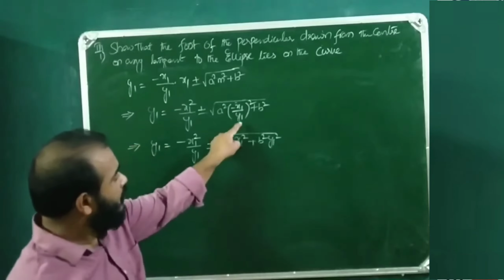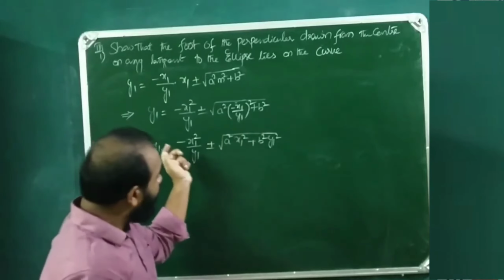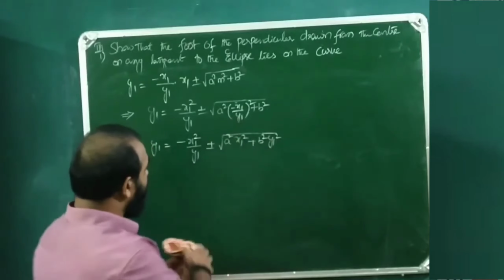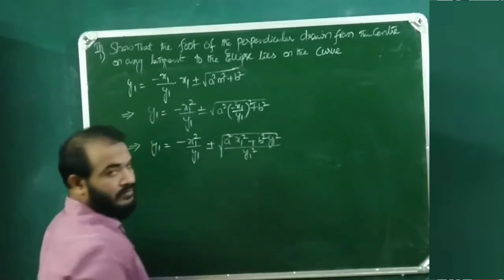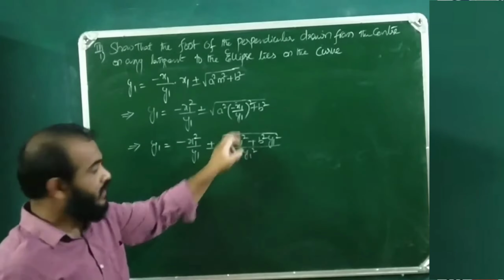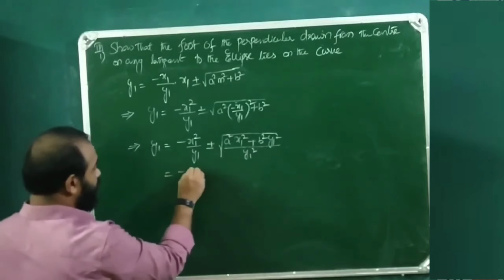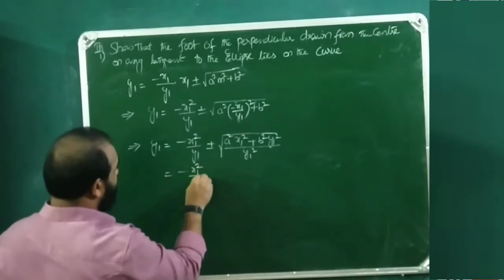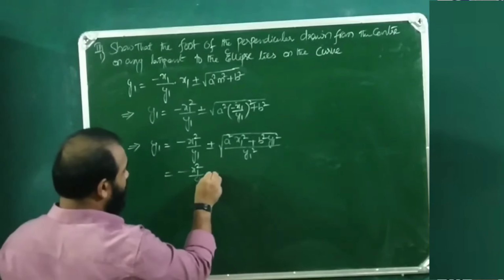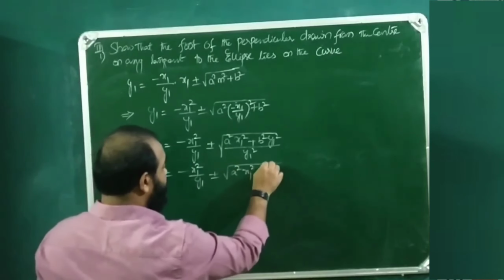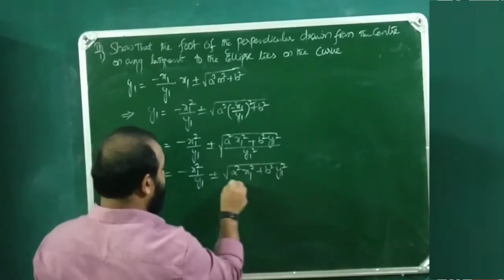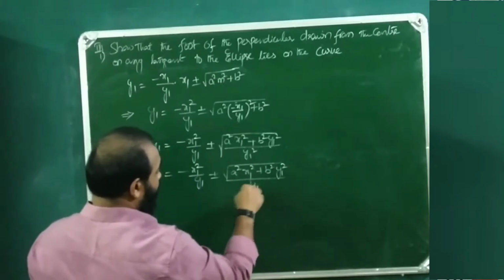So the LCM is y1 square, y1 square being the LCM here. So this is minus x1 square by y1 plus or minus square root of a square x1 square plus b square y1 square by y1.